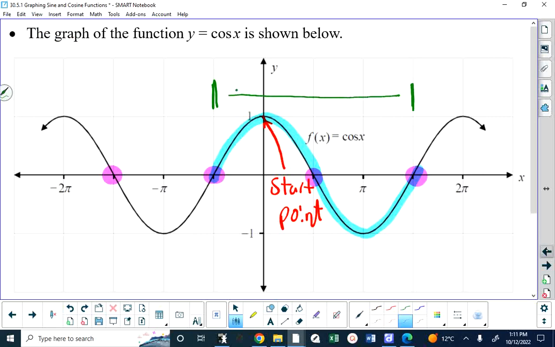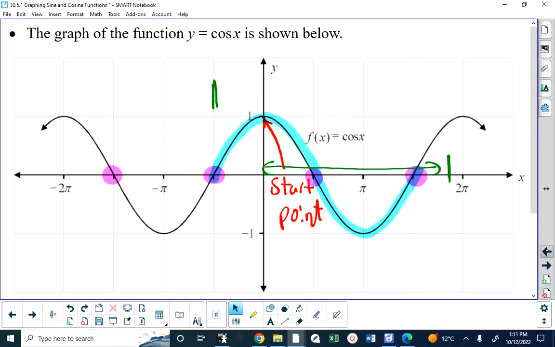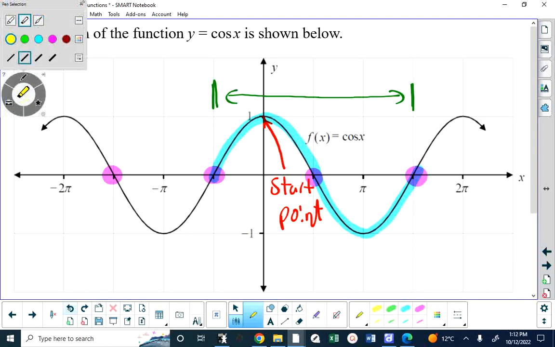Well, that distance is the same as from 0 to 2 pi. It's 2 pi. And I could even demonstrate that by starting here and going down, down, up, up. This should be curvy, but you get my drift. So the period is 2 pi.